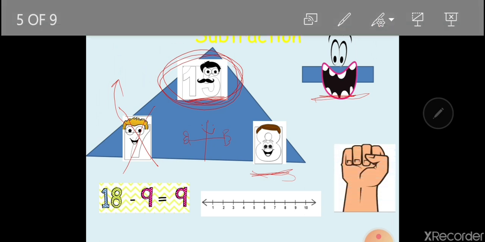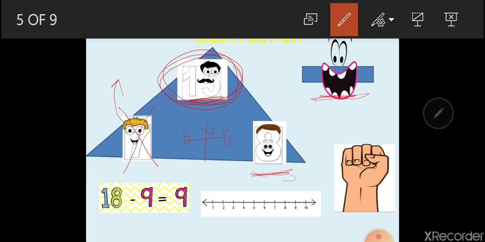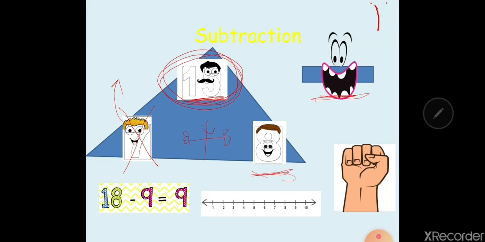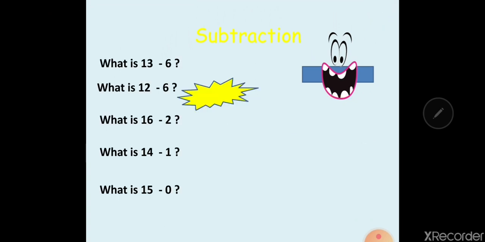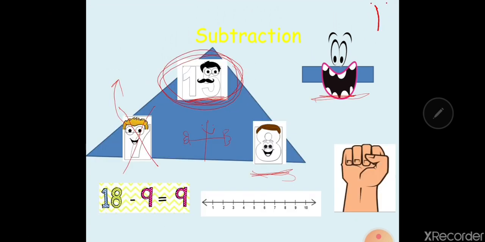Now, let's try to erase it. If now 8 went out, what will be left with me? 7.